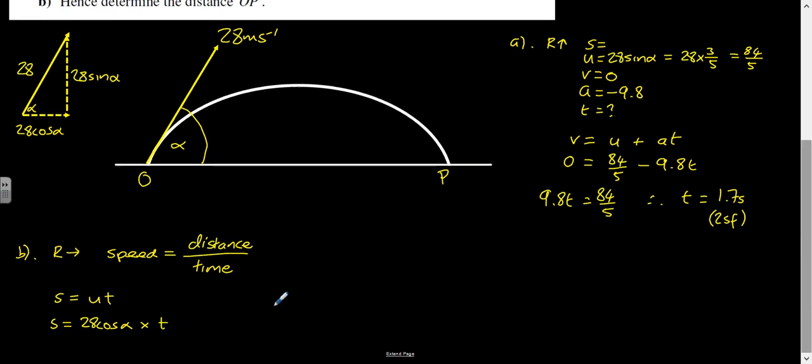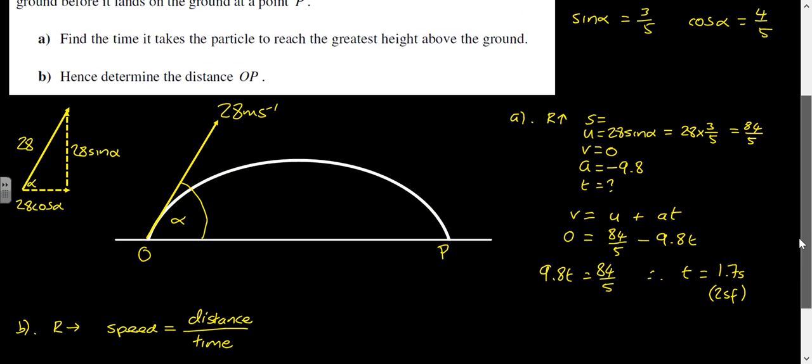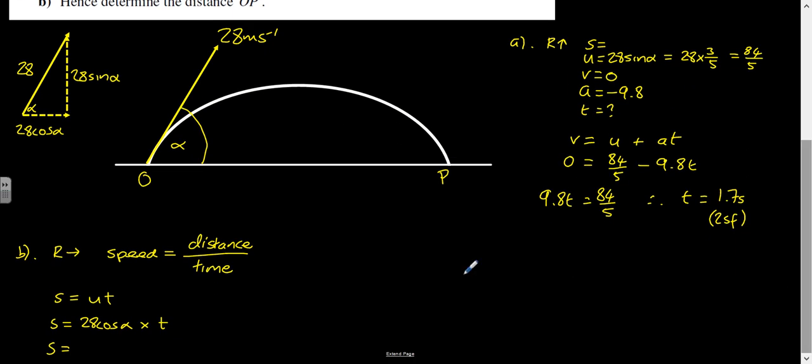Now, first thing, 28 cos alpha is going to be 28 multiplied by our 4/5. So 28 multiplied by 4/5, and we get 22.4 multiplied by t. Now here's where I spoke earlier about the fact that the motion of the particle forms a parabola in the air.